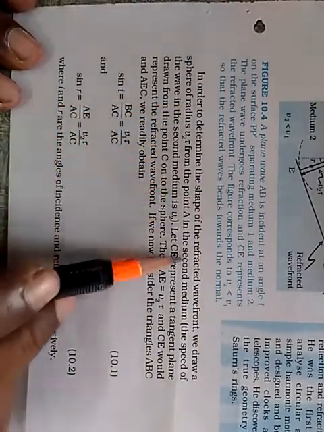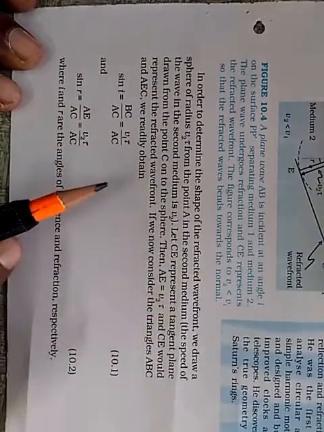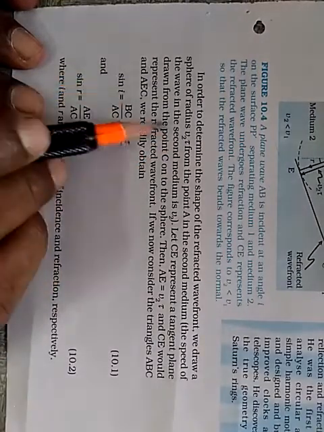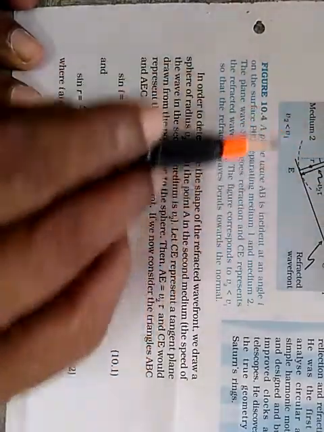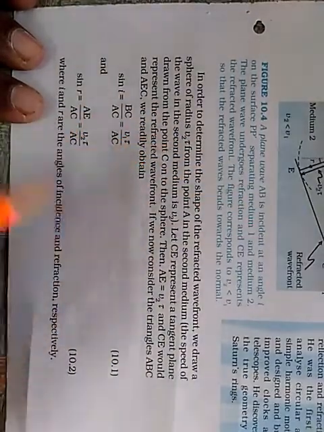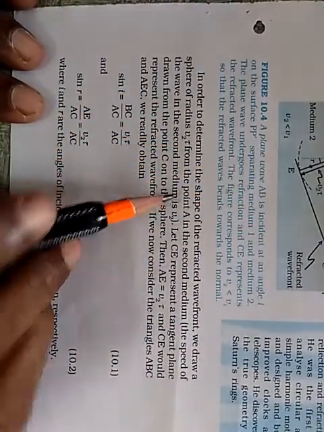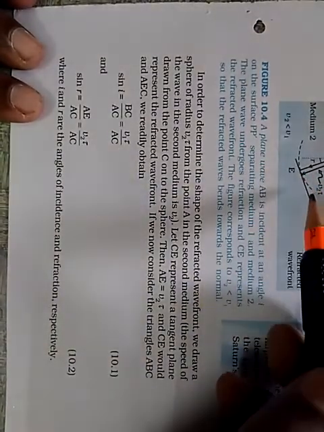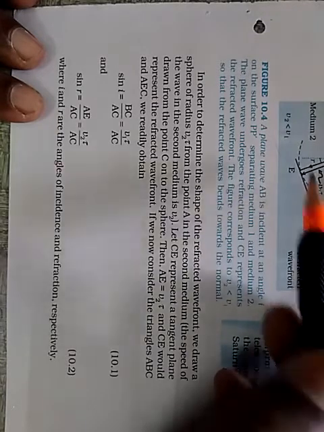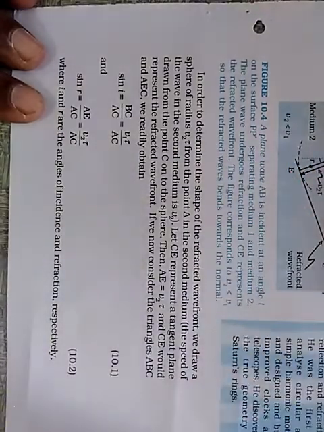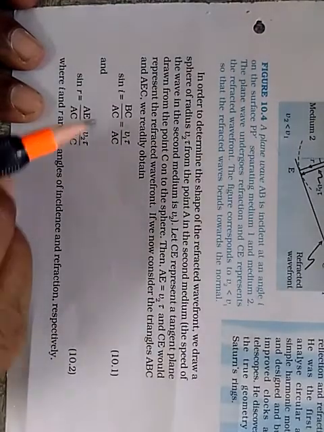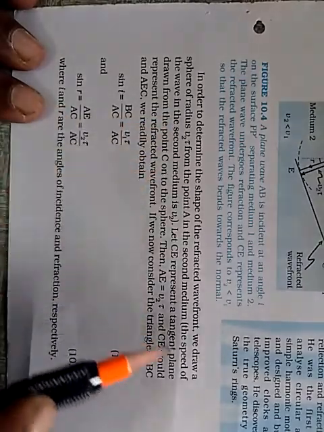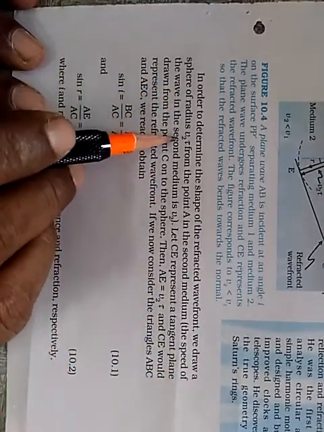In order to determine the shape of the refracted wavefront, we draw a sphere of radius V2 tau. Now what is V2? V2 is the velocity in medium 2 multiplied by tau from the point A. So this is point A, this is the radius which is V2 multiplied by tau, and we draw a spherical wavefront.